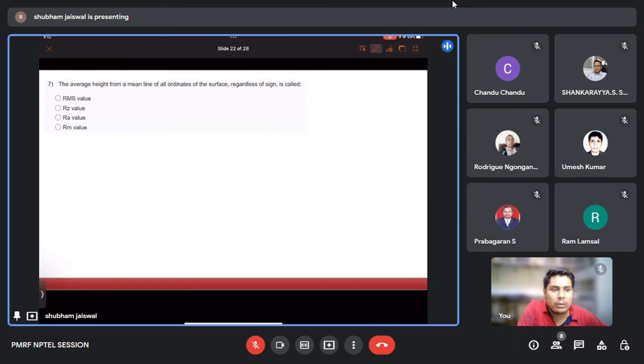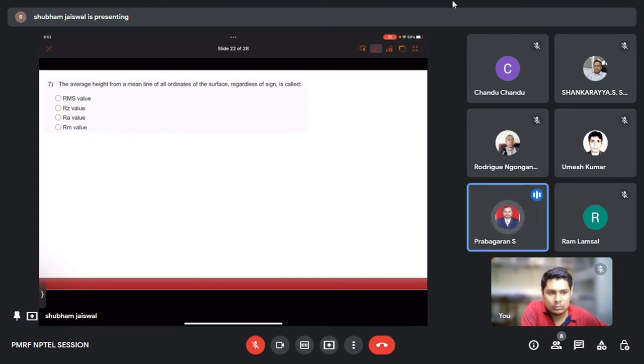So moving to the next question. The average height from the mean line of all ordinates of the surface, regardless of sign, is called: RMS value, RZ value, RA value. So maybe RA value? I am not very sure, sir.